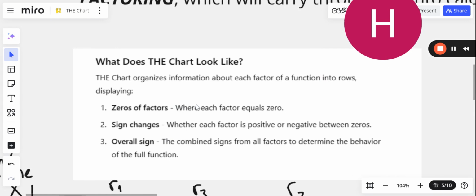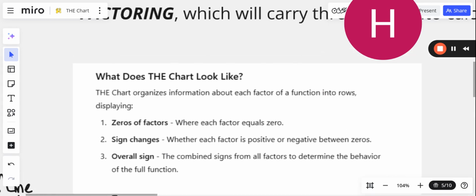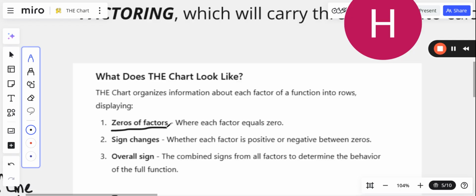So what does the chart look like exactly? The chart is basically just like a table, and it organizes your info about the factors of a function, putting each factor into a row. And in that row, we're going to see the zeros of a factor. I'll give you examples, don't worry, but I do want you to write this down.